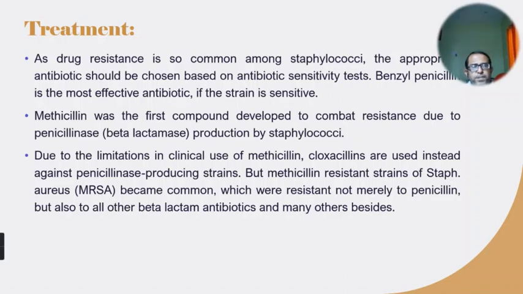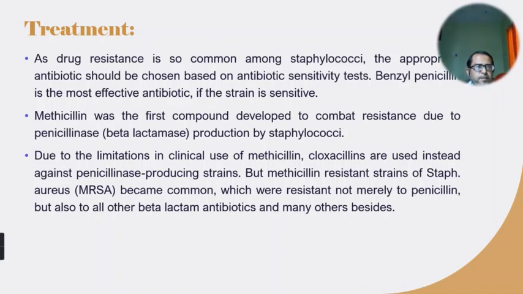Now, due to the limitations of the clinical use of methicillin, cloxacillin is used instead against the penicillinase producing strains. So, for those Staphylococcus aureus strains which are resistant to penicillin, in such cases cloxacillin, another kind of methicillin-type antibiotic, should be used.